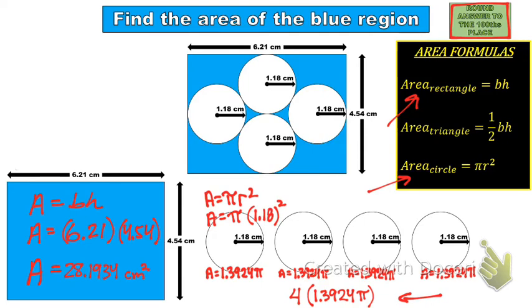So on my calculator screen, I'm going to type in 28.1934 minus, and then 4 times 1.3924 pi, and then I'm going to press the equals button, and that will give me the answer.